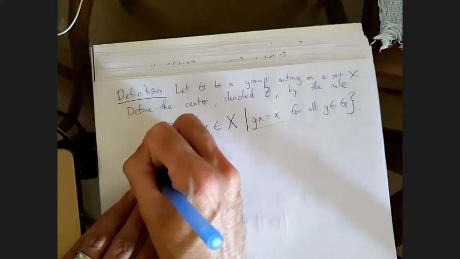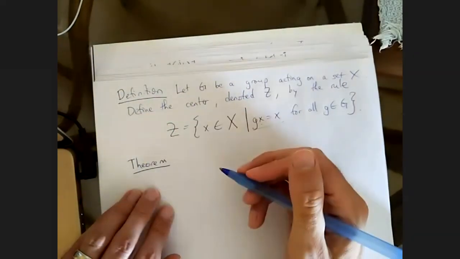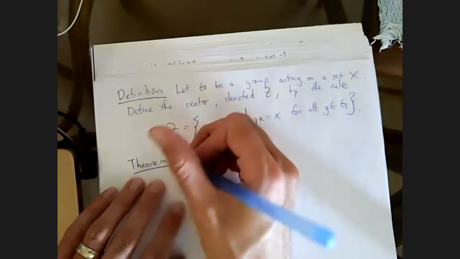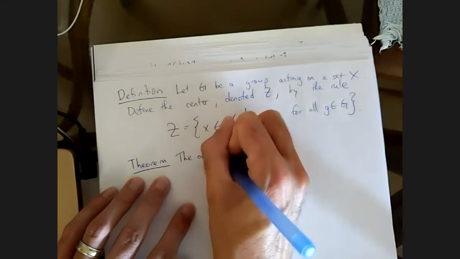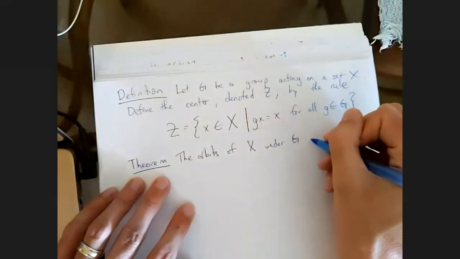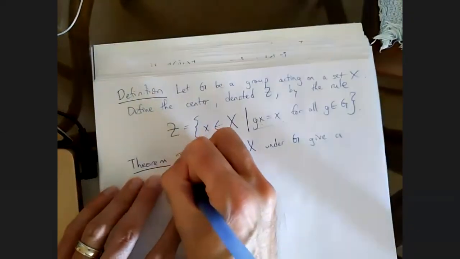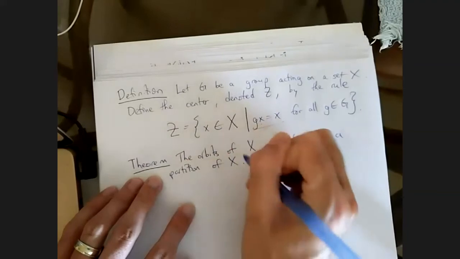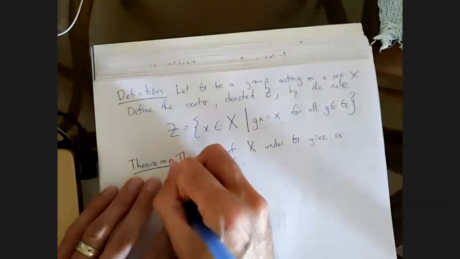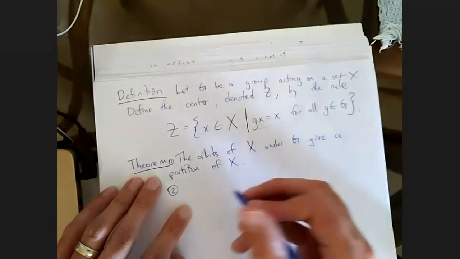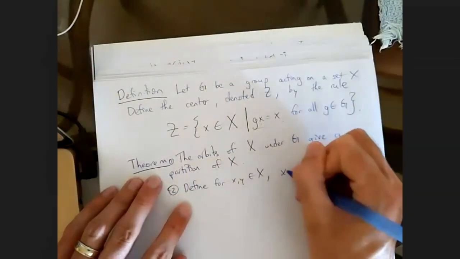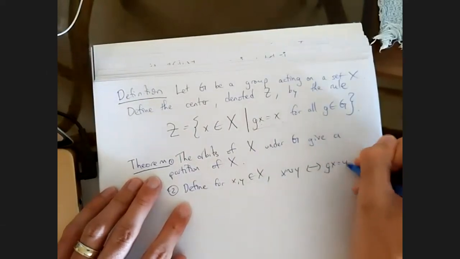So the theorem, which is the class equation, is that the orbits of X under G give a partition of X. Equivalently, you can define an equivalence relation on X. Define for x, y in X, x tilde y if and only if gx equals y for some g.